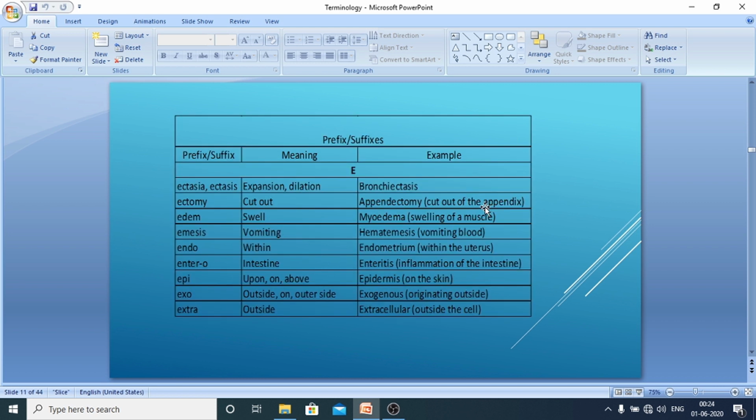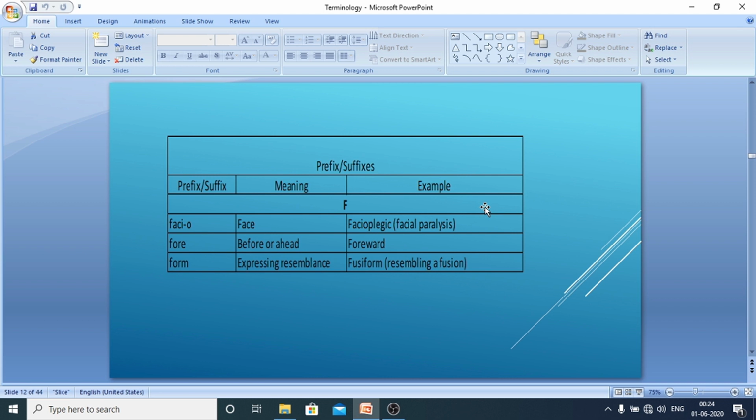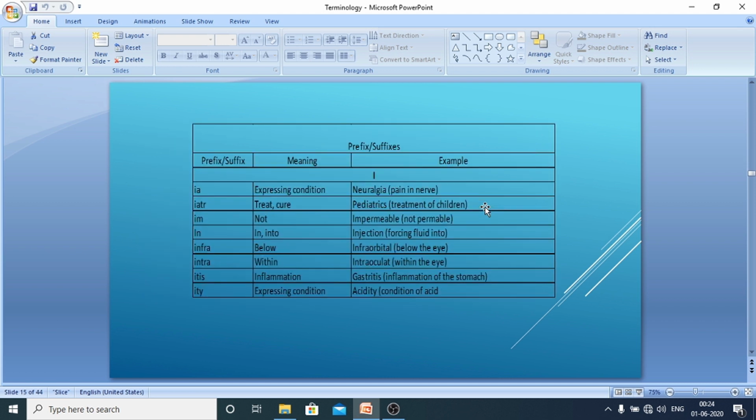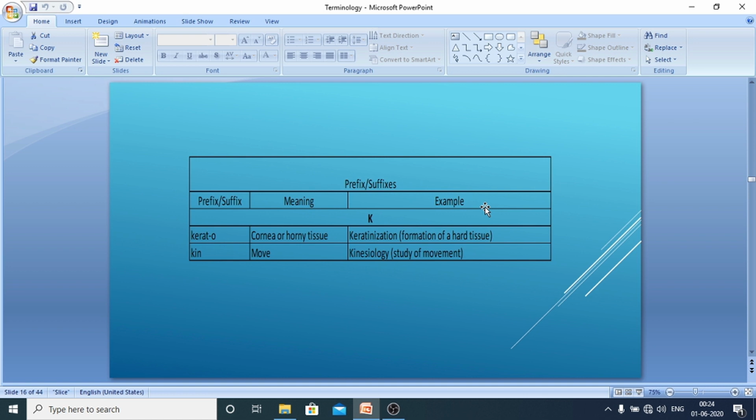In the same way, I have covered all the prefixes and suffixes. Under K, we can see kerato means cornea or hard tissue. Keratinization means the formation of hard tissue.